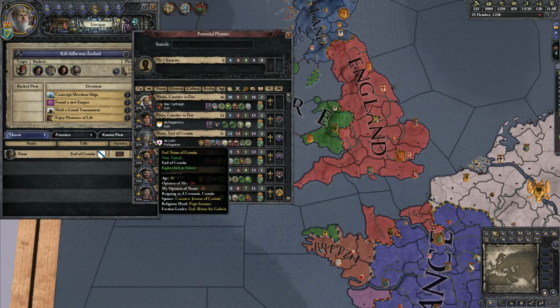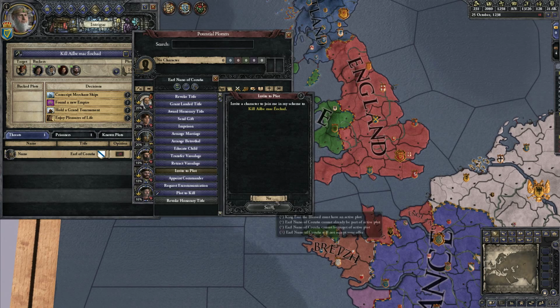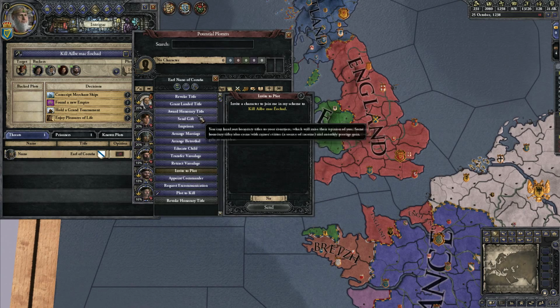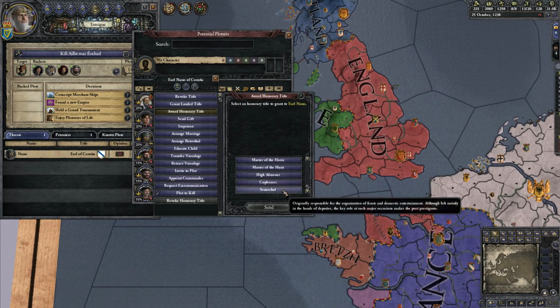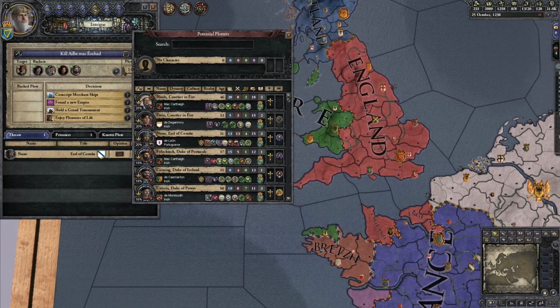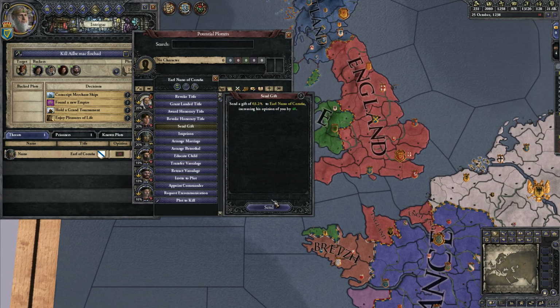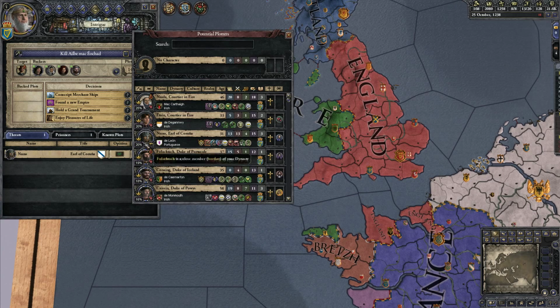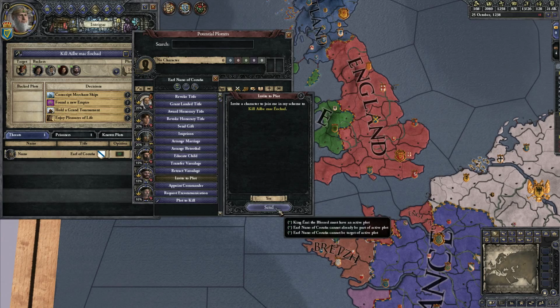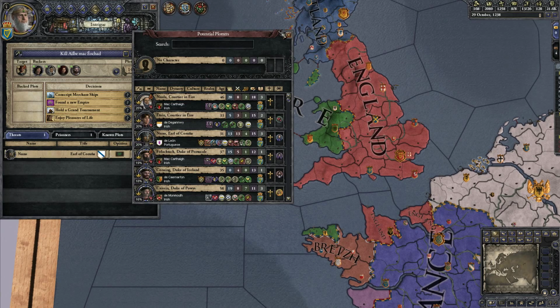My vassal, Earl Nuno of Coruña. I could award him an honorary title. Be my seneschal. No, that won't do it. All right, I still have to bribe you with money. Fine. That's fine. I will invite you to plot.